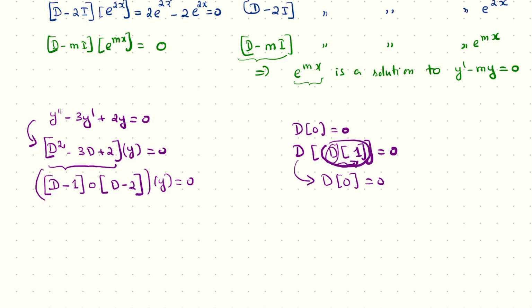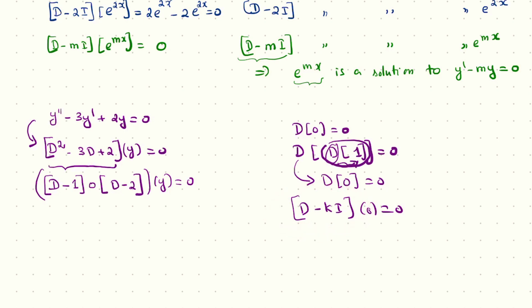Not only that one, any operator of this form, D minus m, or I don't know, alpha, or k, let me put k, of 0 is always going to be 0, right? So if an operator already annihilates something, whatever you operate again with any other derivative operator of this form is going to make it 0.